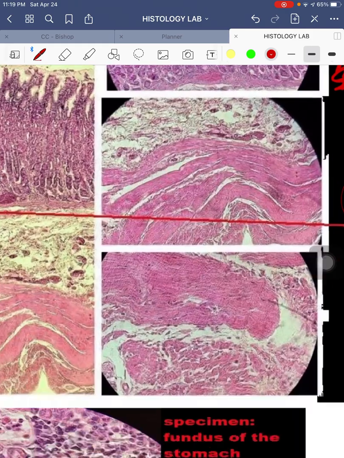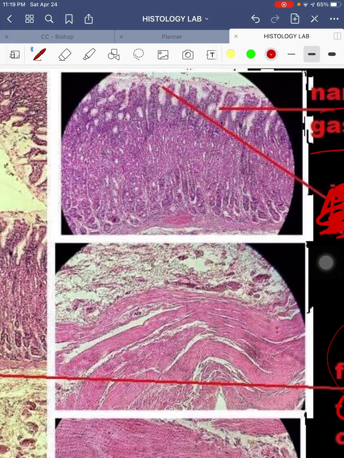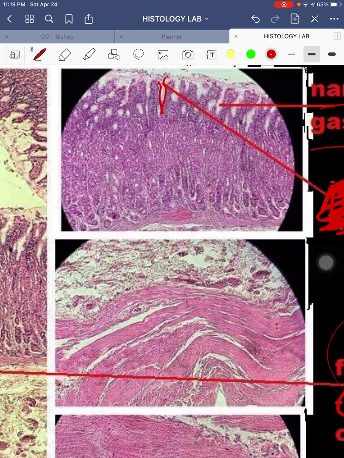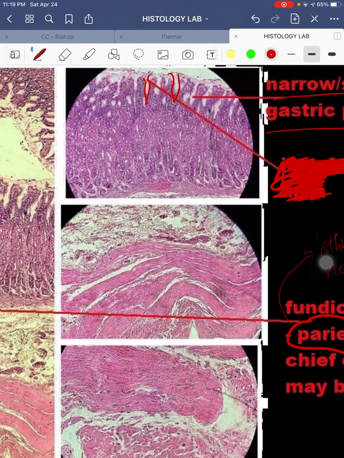So these pits, I'll zoom in. These pits here, okay, these are gastric pits. The gastric pits will open up later on to the lowest layer, which is your fundic glands. Okay, it's actually subdivided into three. Fundic glands, here is the isthmus or the neck, and the topmost is the pit.